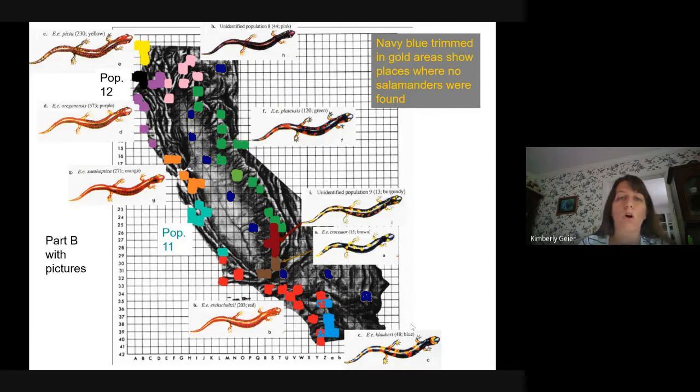They went along the valley in the central part of California, and all of those navy blue areas trimmed in gold are places that they looked and looked and found no salamanders. There are definitely no salamanders in parts of California, just too dry in some of these areas. So you can also see that we have some additional squares colored in. And we have some new colors as well, some new populations.